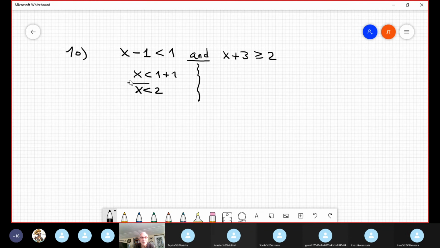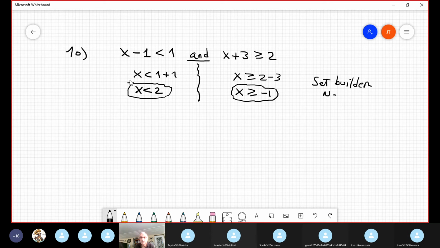Okay, and we have one piece of the information. And here, you move 3 to the other side, it's negative 1. Now, in order to write the set-builder notation, which is another notation you need to be familiar with, I recommend, as always, to draw the graphic bar.